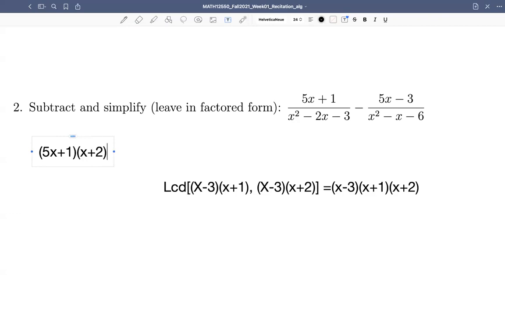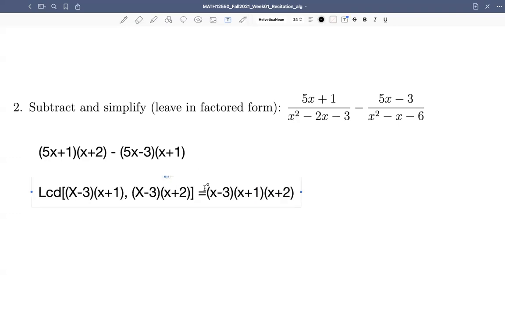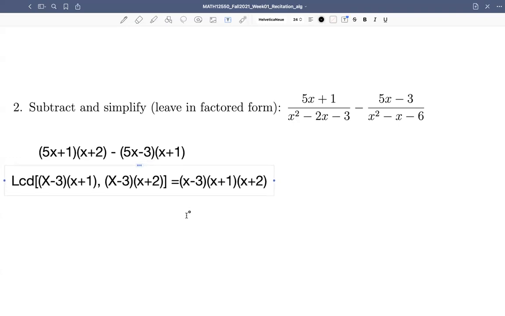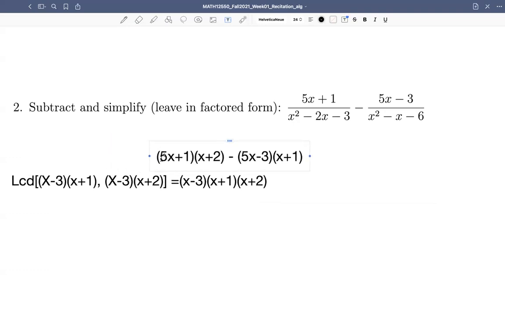And we have a common denominator now, right? For the second term, we have 5x minus 3 times x plus 1, since we're missing x plus 1 for the second term. So that's our numerator. And our denominator is these 3 terms. Let me move here.